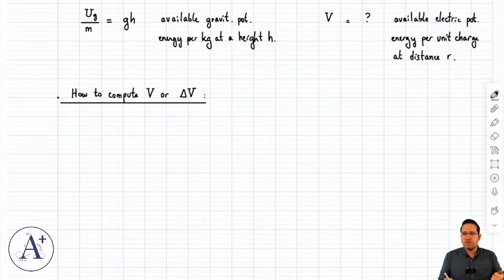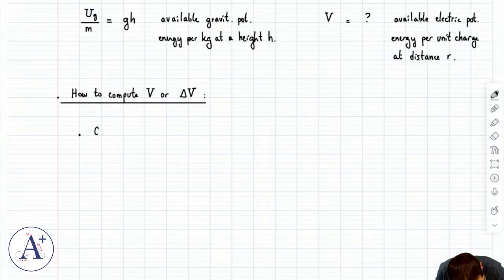It's not 150 or 1,000 and 950 that matters, it's the change of 50 in both cases, which is what matters. So ultimate goal is to get delta V. But if you can compute V, then you could always just subtract two values and get delta V. So the goal here is to go over the different methods that we have to compute V or delta V.